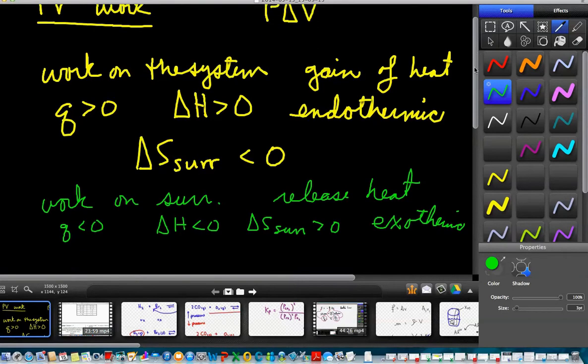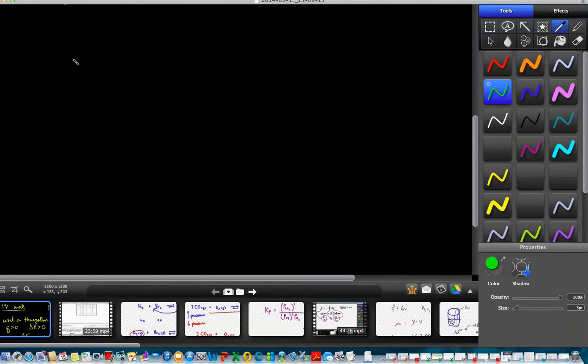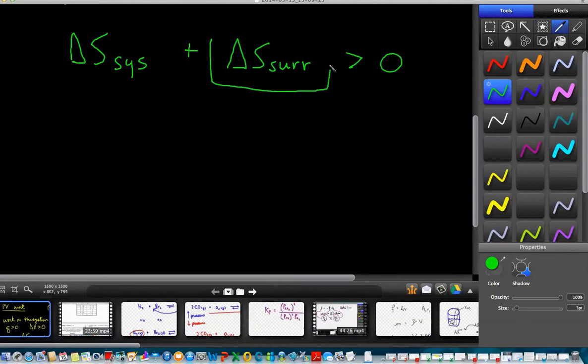When we normally talk about entropy, we're talking about the delta S of the system. Now, the delta S of the system plus the delta S of the surroundings must be greater than 0 if it's going to be spontaneous. Rather than looking at the delta S of surroundings, we look at the delta H of the system.